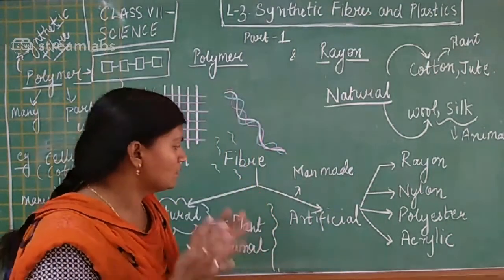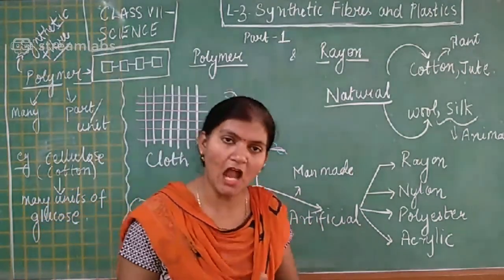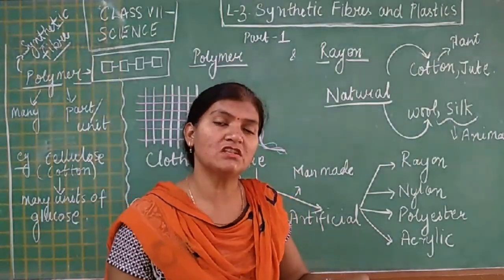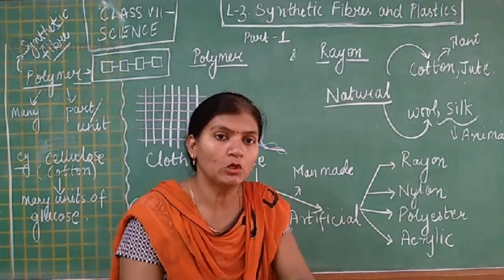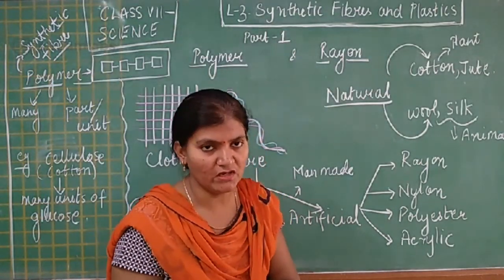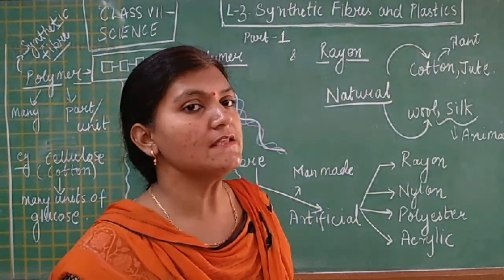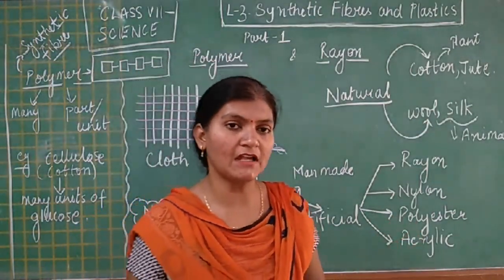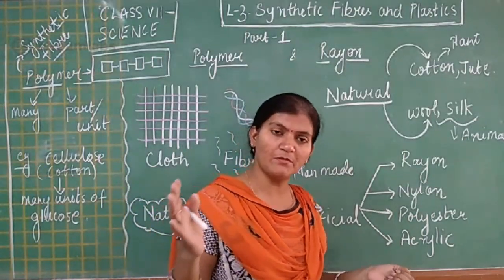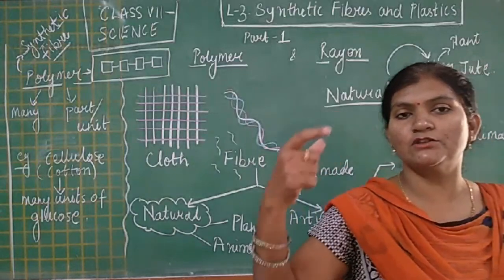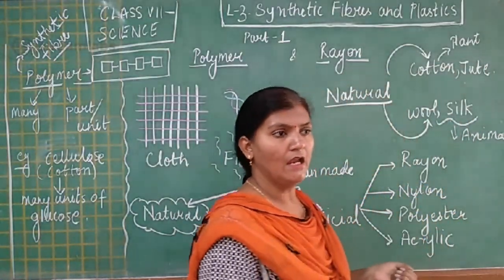Okay, so students, the fibers which cannot be obtained from nature and which are made by human beings in factories by using certain chemicals are known as artificial fibers. So what is artificial fiber? Artificial fiber is a fiber which is chemically synthesized or made in factories and industries.